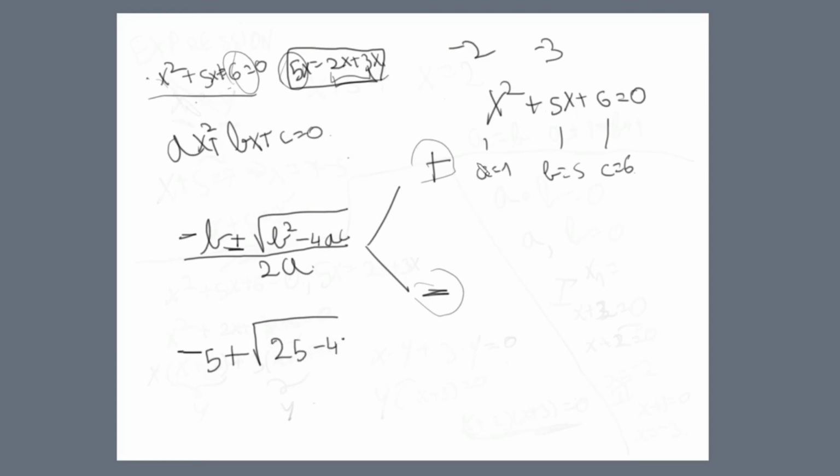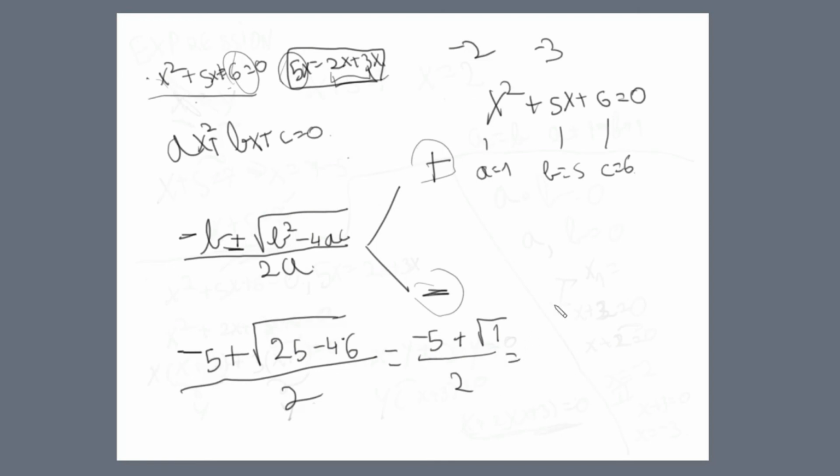And we're going to go for the plus for now, and it's going to be the square root of b squared, which is 5 squared, or 25, minus 4 multiplied by a, which is 1, we're going to ignore it because multiplying by 1 does nothing, and c, which is 6, so times 6. Everything over 2, because a is 1 and 2 multiplied by 1 is 2.